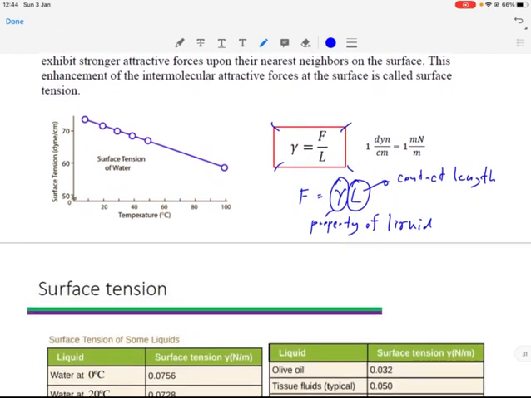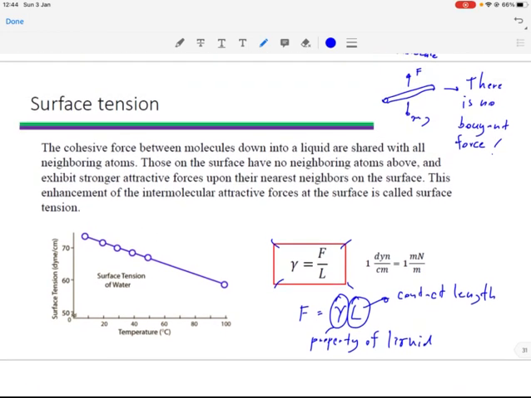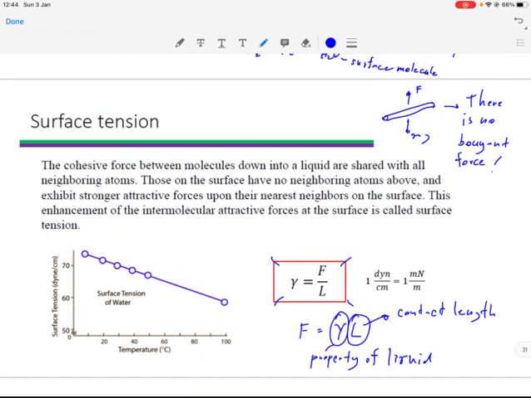Okay, so let's say the contact length. So when you treat with this surface tension force, we don't care about the contact area, but we care about the contact length actually.